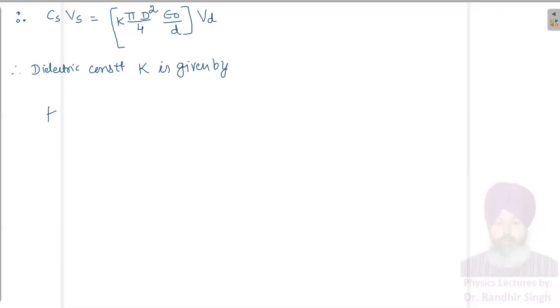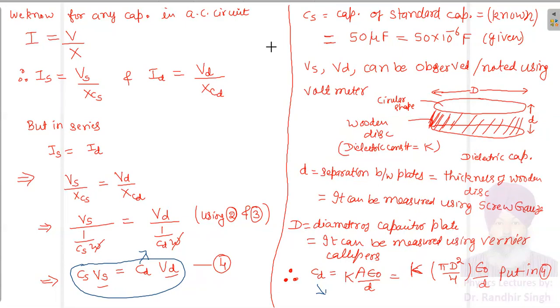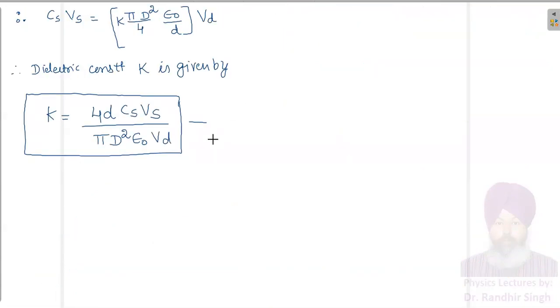K will be equal to 4 small d CS VS upon pi capital D square epsilon naught VD. This is the formula used, equation number 5.